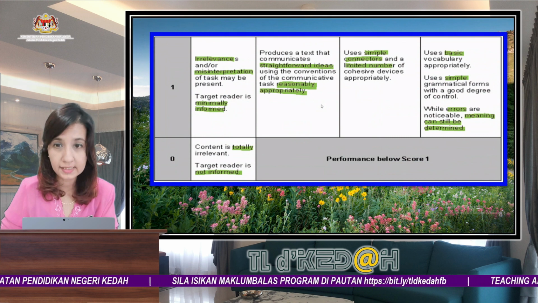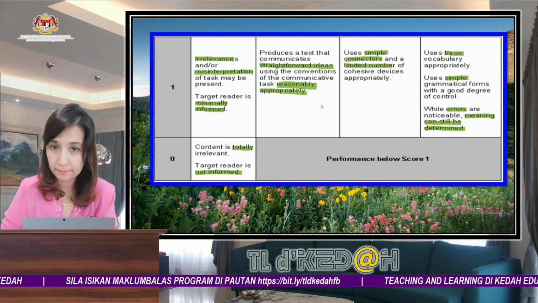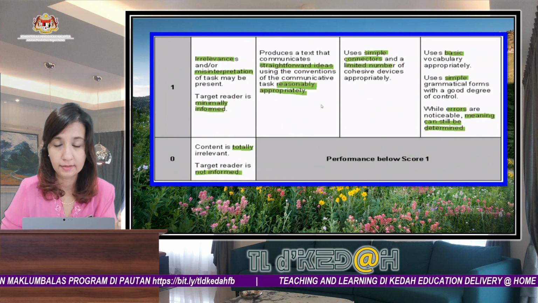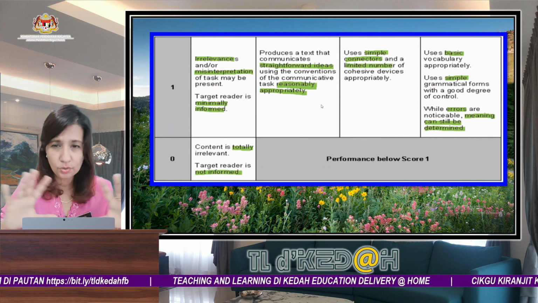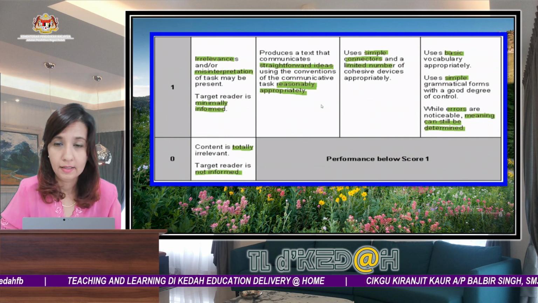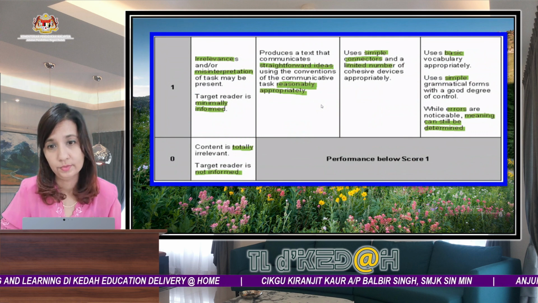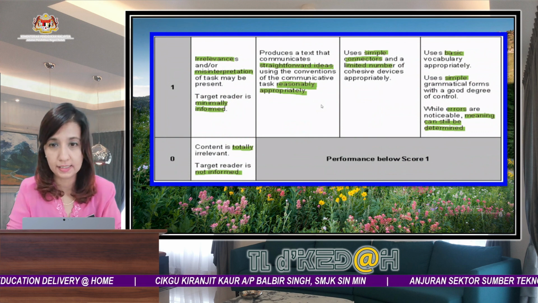Errors are noticeable, but meaning can still be determined. That means it's not impeding the communication. Meaning is still clear. So even with so many errors, if I can still understand a little bit, you can get 1 mark. But if I totally cannot understand, then you may get 0. So this is B2 level. B2 level is higher.